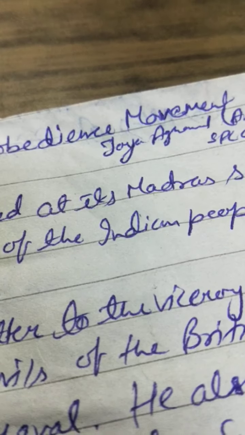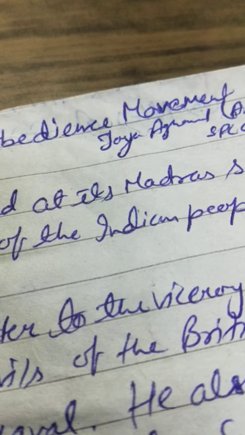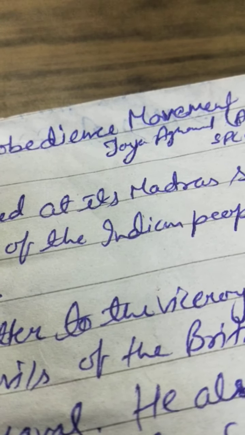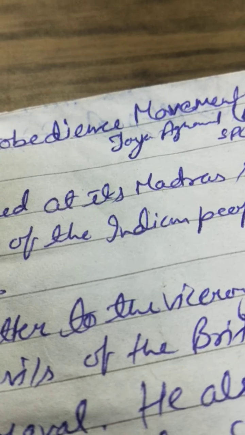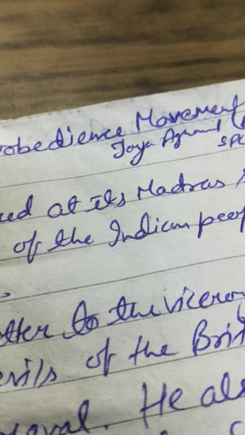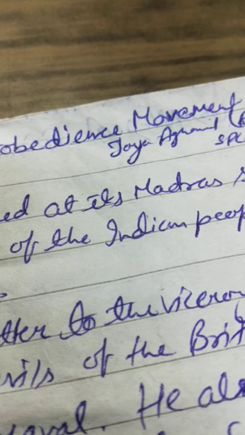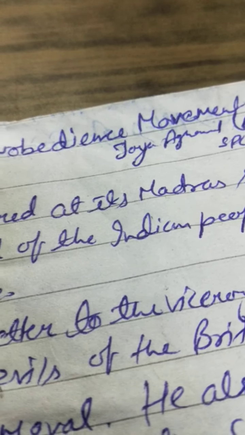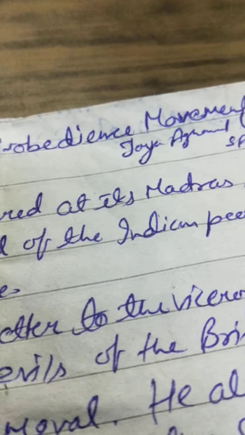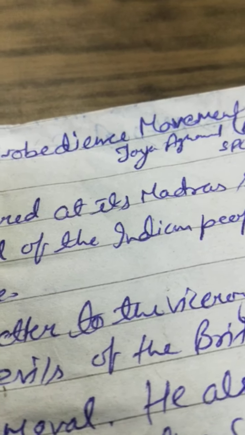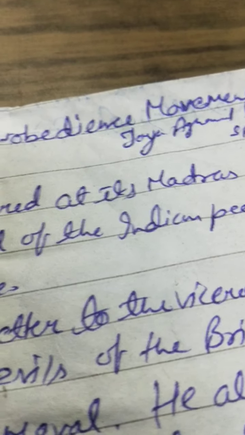Similar efforts were made at many other places as well. Attempts were made to stop the functioning of government salt factories as well. Besides violating the salt law, boycott of foreign goods, picketing at liquor shops, non-payment of revenue, violating of forest laws, etc., were also adopted as parts of the movement at different places.